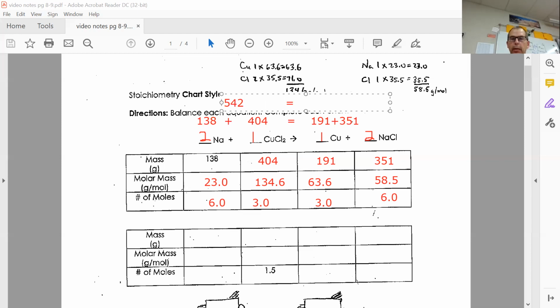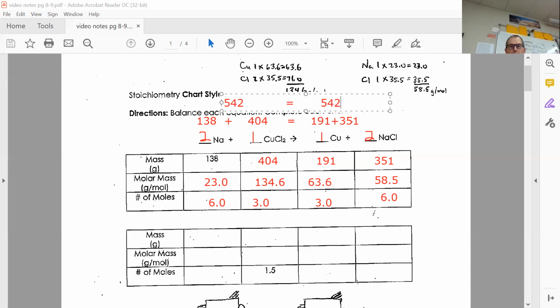The other one is 191 plus 351 ends up being 542. So these two things should match up. Occasionally, it might be off by a small amount. That would be rounding, but it should be the same or reasonably close with the rounding. So that verifies it. Unless it's coincidence, it's a lot more likely that I got this correct because we have conservation of mass.